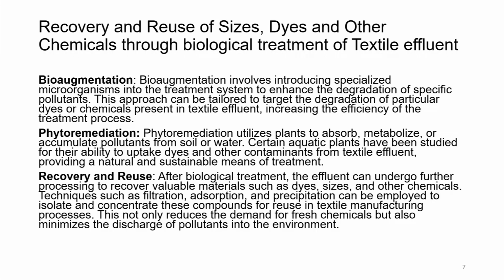Techniques such as filtration, adsorption and precipitation can be employed to isolate and concentrate these compounds for reuse in textile manufacturing processes. This not only reduces the demand for fresh chemicals, but also minimizes the discharge of pollutants in the environment. So, by recovery and reuse, it is not just a term.